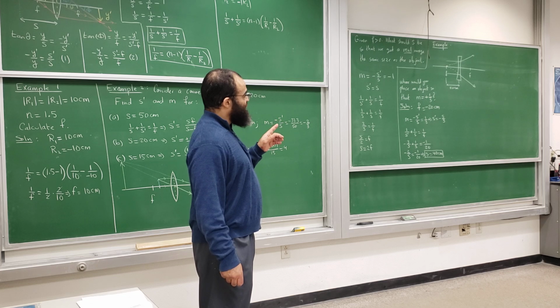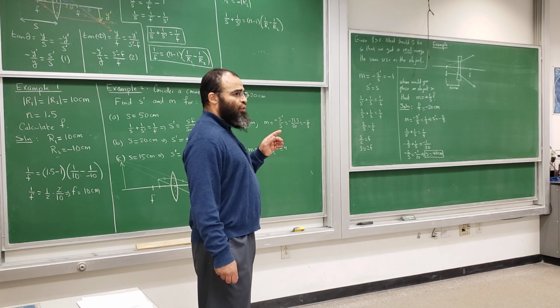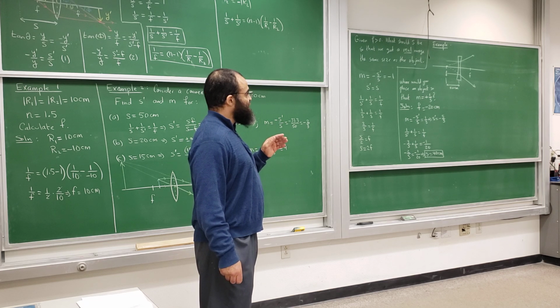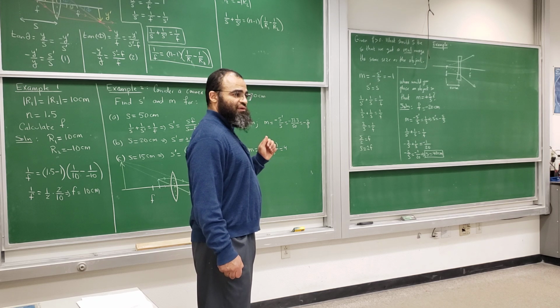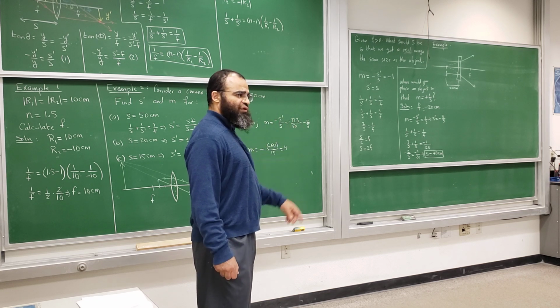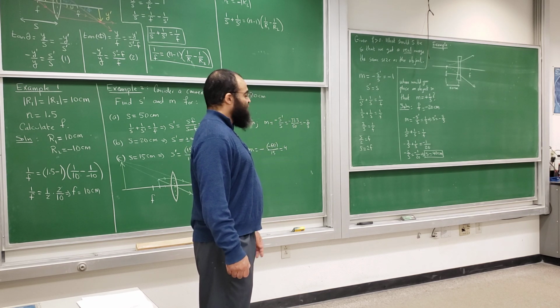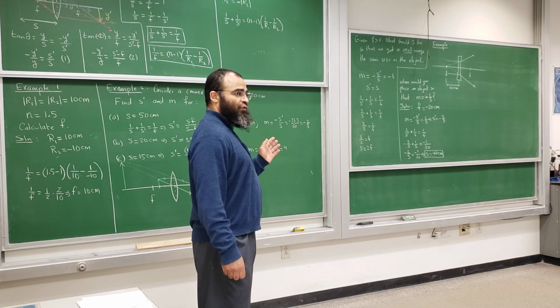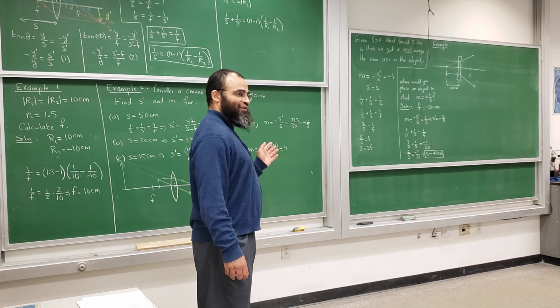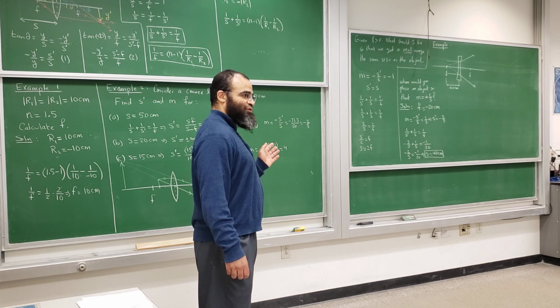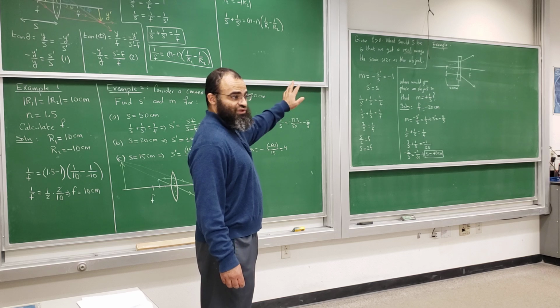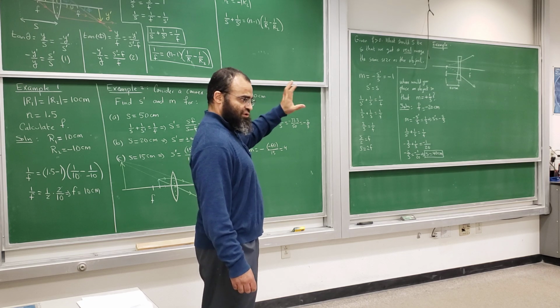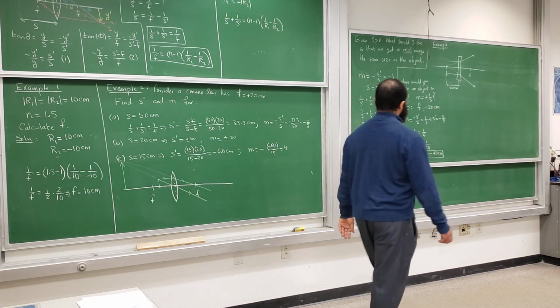Would the same thing happen with a diverging lens, or can a diverging lens never produce a real image? It's just a single diverging lens. And I claim that it's always a virtual image, and it will always be reduced. But we need to prove that, right? So I'm going to show you that a diverging lens will always give you a virtual image. We're using a single lens here.